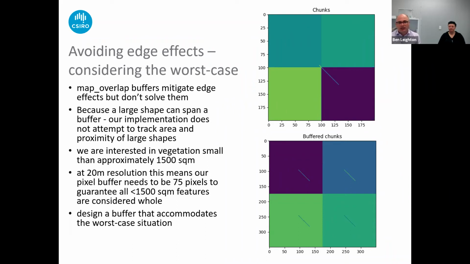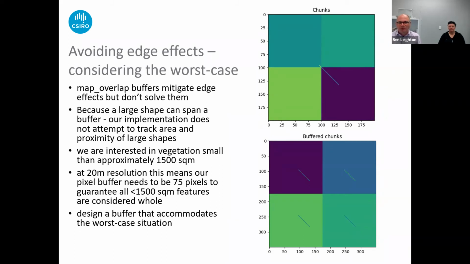And here's a visualization of that where the top visualization shows what would happen if you had a linear feature, which was kind of around our maximum area threshold. And it was very close. So it just started in one chunk and it spanned that chunk and into another chunk. So that would be our worst case scenario that we'd want to consider.